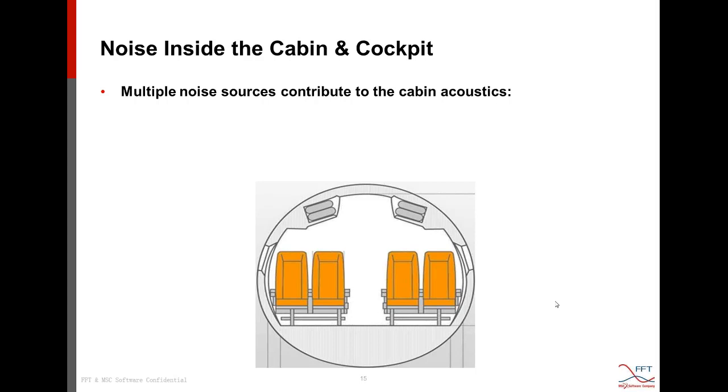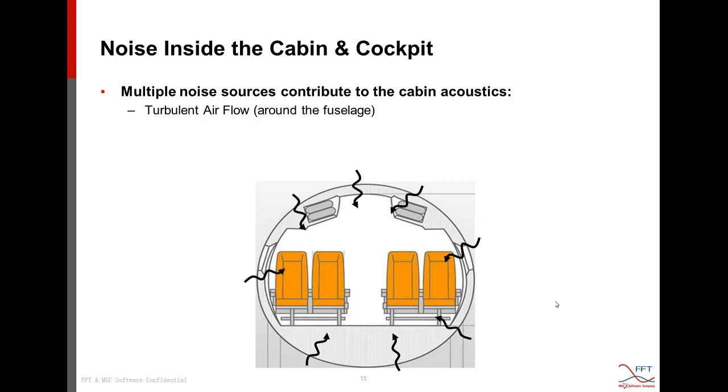Okay, now we have seen some sources and techniques for solving exterior acoustic problems and designing attenuation techniques. Now let's take a look at the interior acoustics in the cabin or in the cockpit. There are also multiple noise sources contributing to the cabin noise.